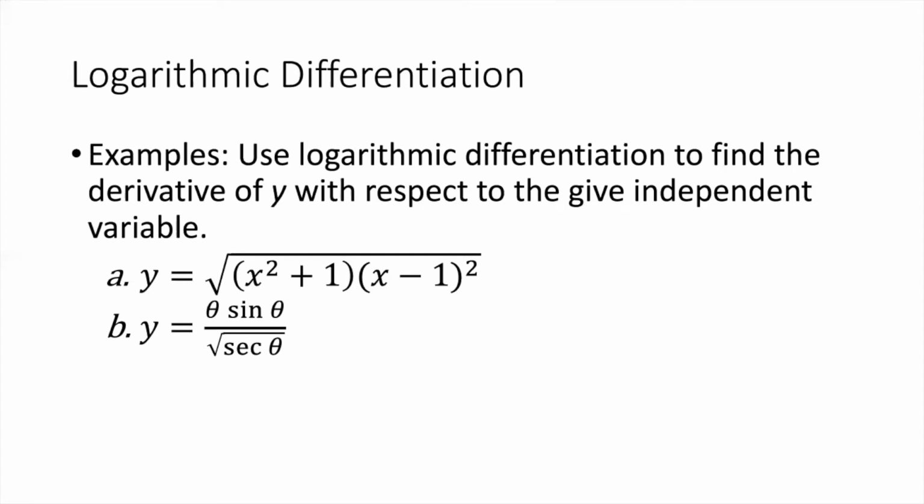So the idea of logarithmic differentiation is that by introducing logarithms and then using a little bit of easy implicit differentiation, it makes it a lot simpler. So let me show you how that works. Going over to my tablet one last time.